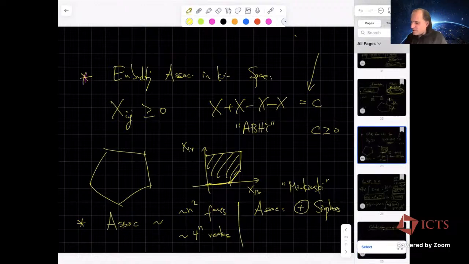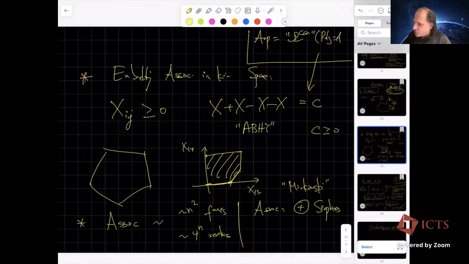The concrete connection with physics, not just the geometry, is that the amplitude is to be thought of as the canonical form of the polytope, which is the Associahedron.